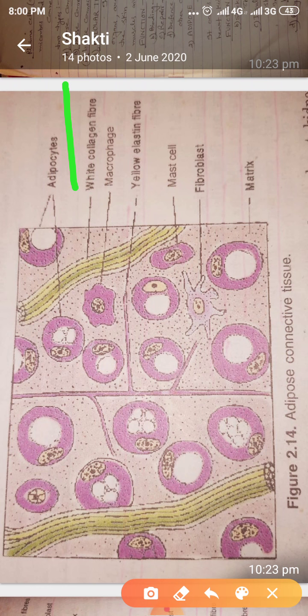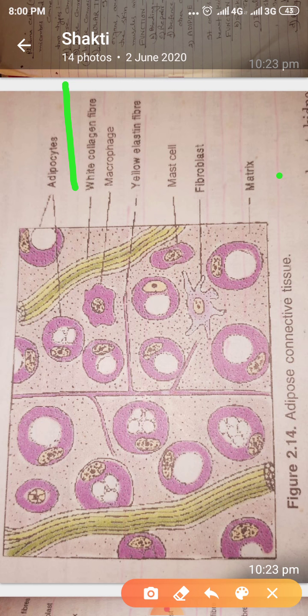That means storage, shock absorption and insulation are their functions. Along with this, it also helps provide our body shape. Our body shape is due to this adipose tissue amount. Some have a thick layer and some a thin layer.